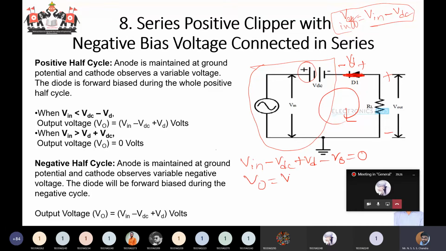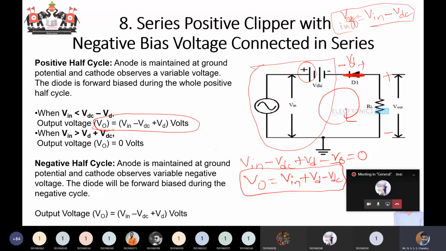So your V0 will be equal to V in plus VD minus VDC. So you're adding the diode voltage, and you have to remove the battery voltage. That's what you're getting when the diode is conducting.